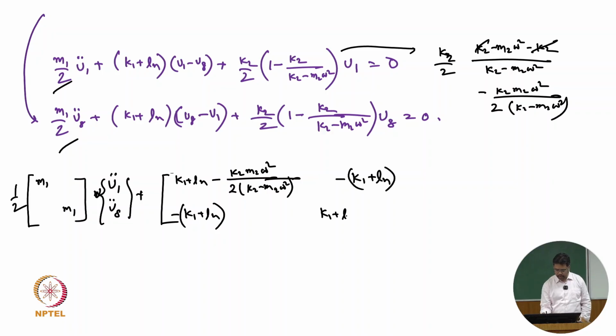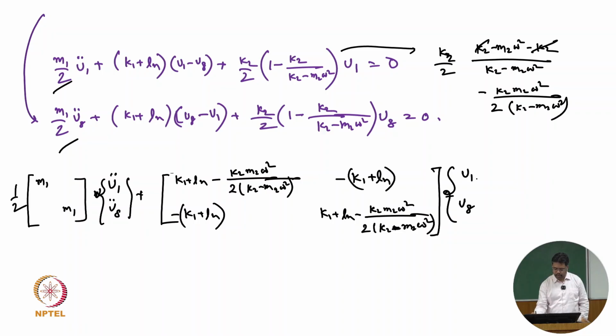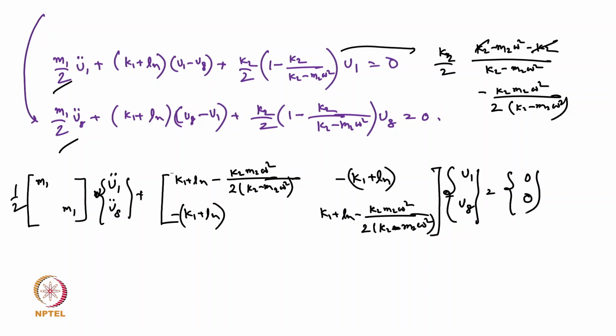Again you will have (k1 plus ln) minus k2 m2 omega square divided by 2 into (k2 minus m2 omega square), multiplied by u1 and u8, that will be equal to 0, 0. Agreed? So we got it in this way.